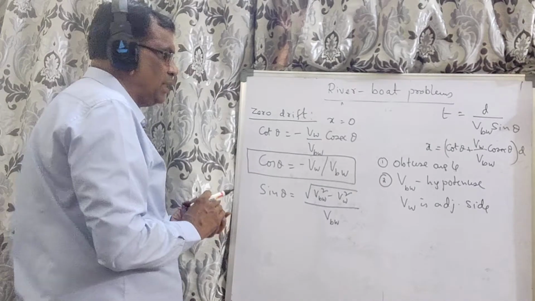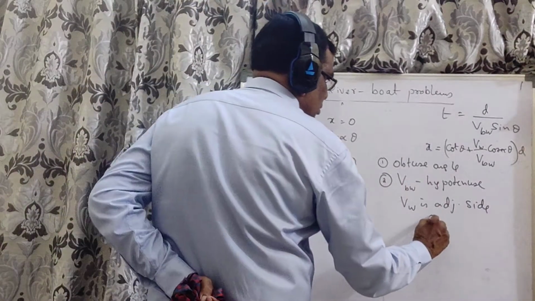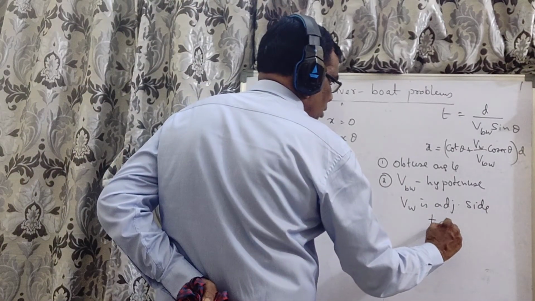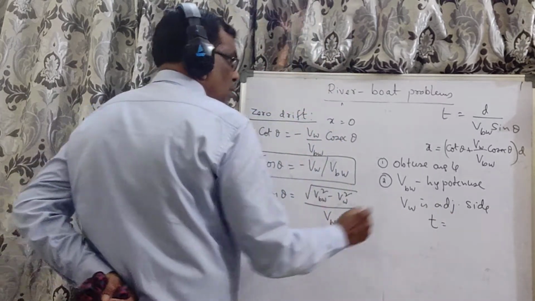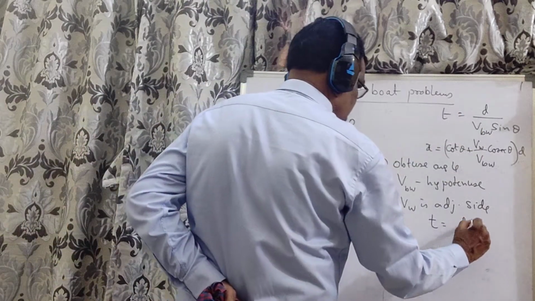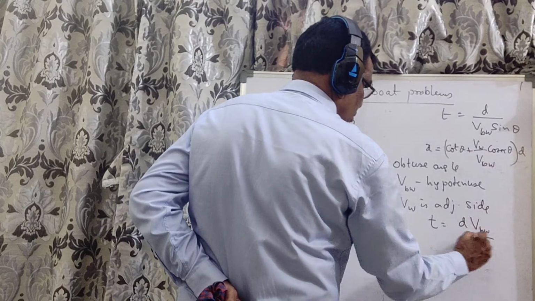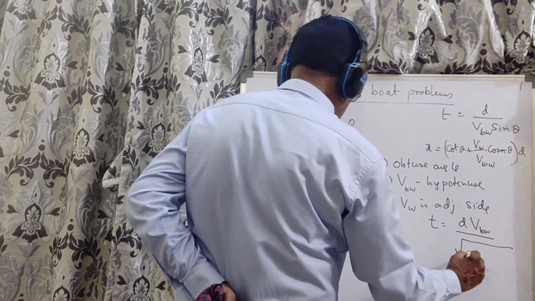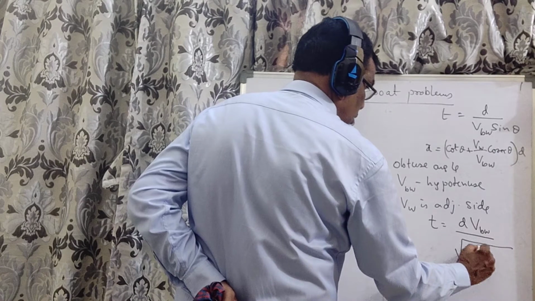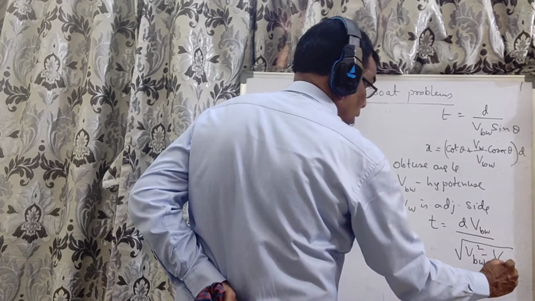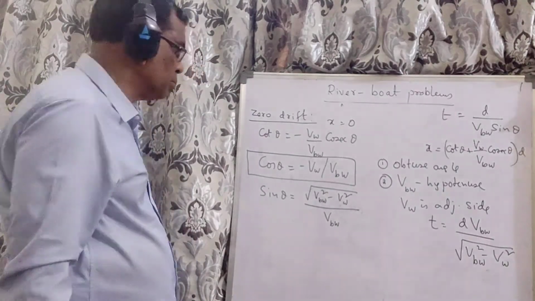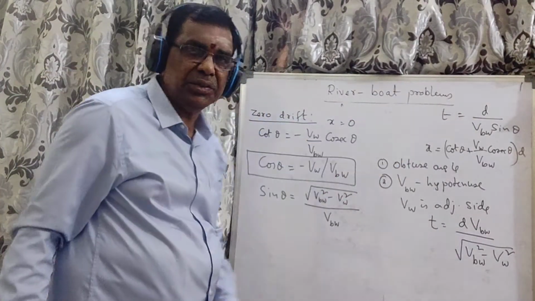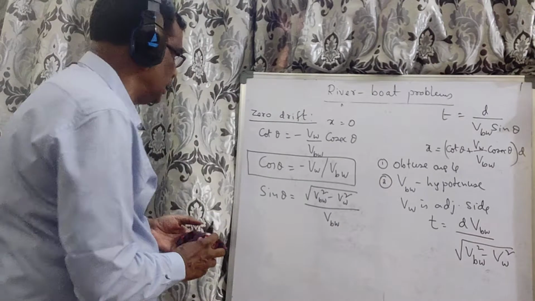How do you get the time now in this case? T is equal to d by under root of VBW square minus VW square. Is that clear? Directly I am substituting once I get what is sin theta.